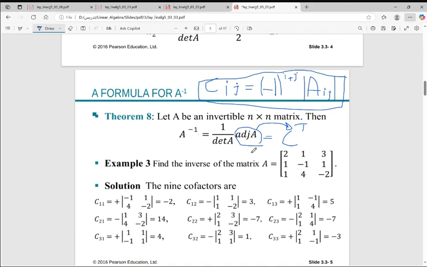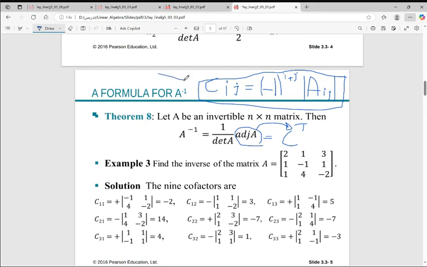You see, A minus 1 is 1 over determinant of A times adjugate of A. So what is adjugate of A? It is the transpose of the cofactor matrix C. And what is the cofactor matrix?